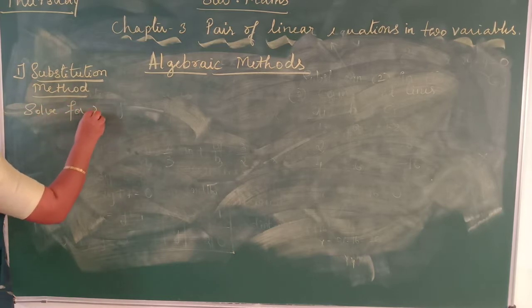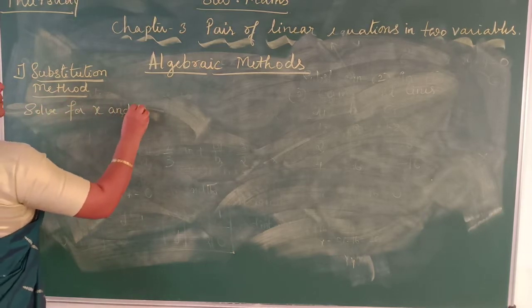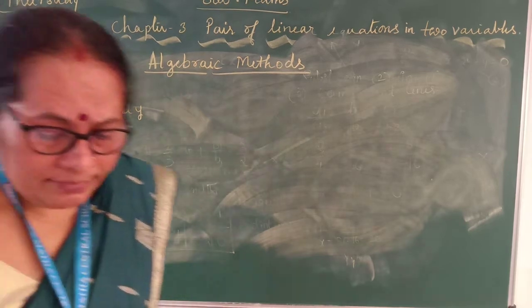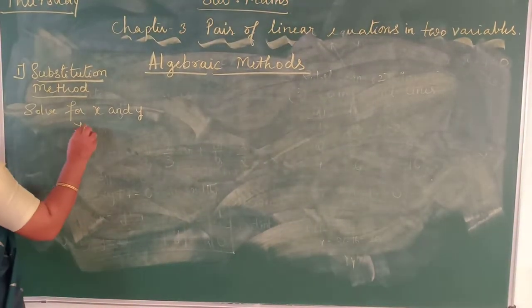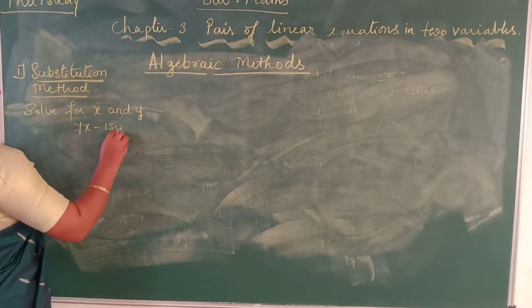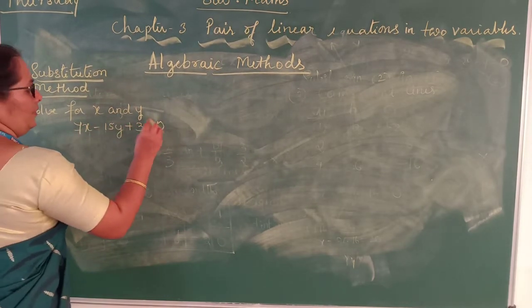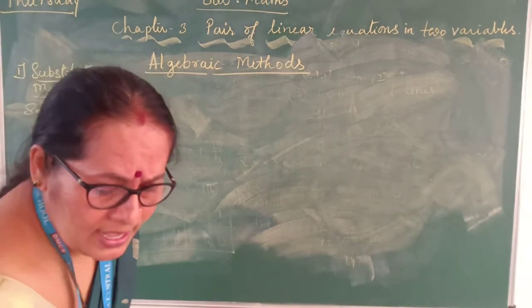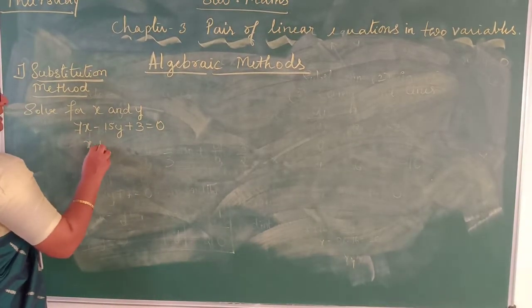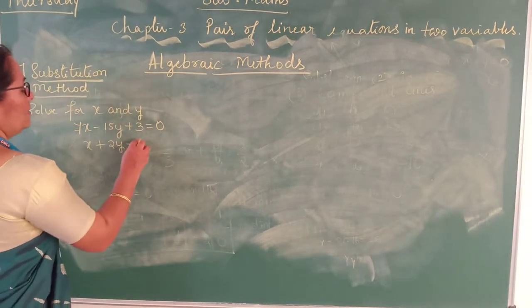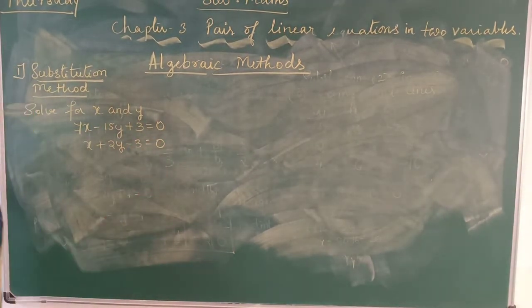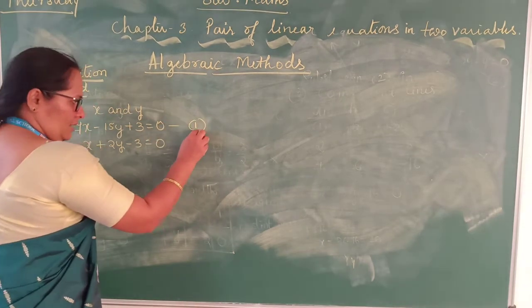Here the first equation is 7x minus 15y plus 3 equals 0, and the second equation is x plus 2y minus 3 equals 0. Take the first as equation 1.